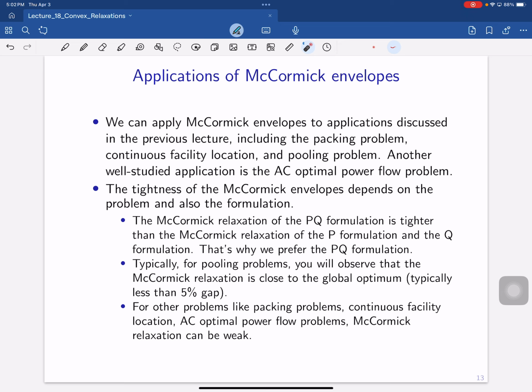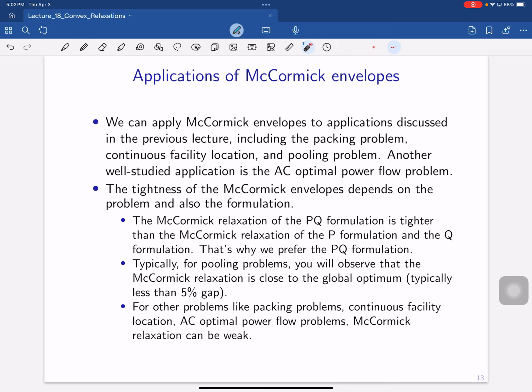So the reason you want to formulate the pooling problem using the PQ formulation is because after you apply the McCormick envelopes, the PQ formulation is tighter than the P formulation and the Q formulation. That's why you prefer the PQ formulation.